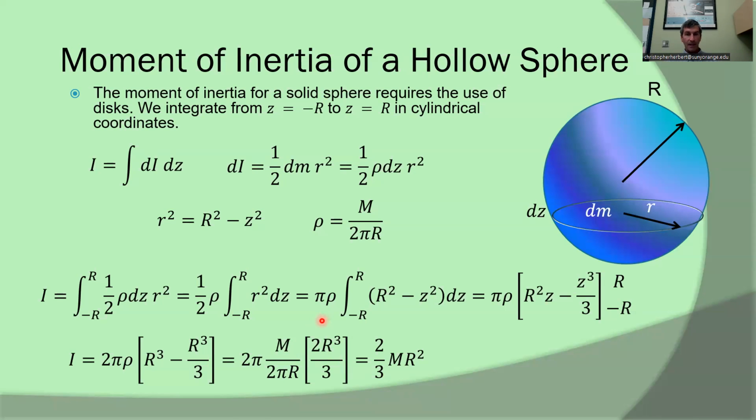Now I have a lot canceling out here. 2 pi cancels out with 2 pi. R cubed divided by R gives me R squared. And I'm left with 2/3 mR squared for the hollow sphere. This was a little bit sketchy, jumping from here to here, because this density is more like a linear density than anything else.